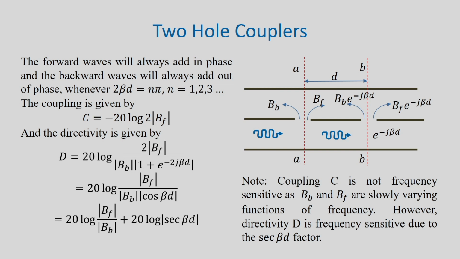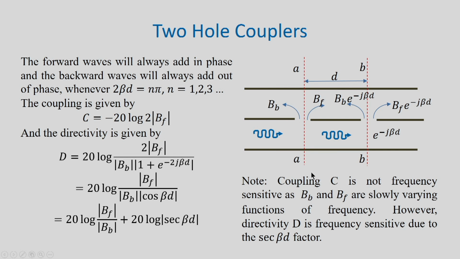If we want broadband operation, we can go for design of multi-hole couplers, where we can actually design a coupler for a specified bandwidth by controlling the coupling coefficients at different aperture locations.